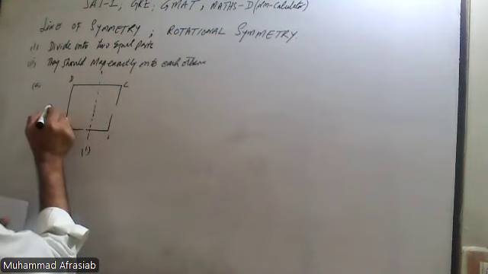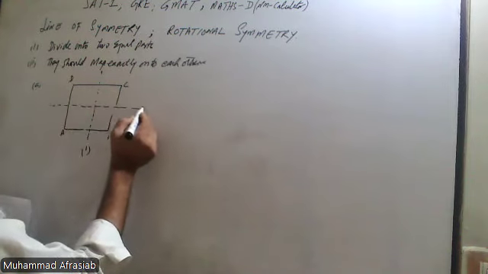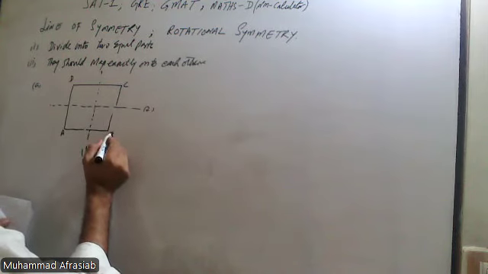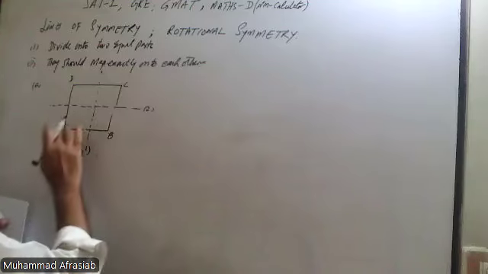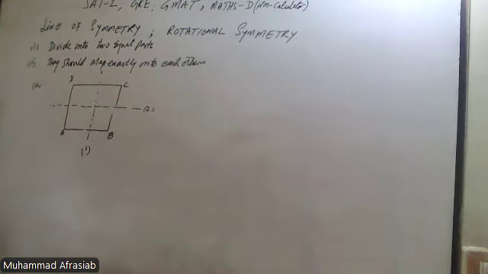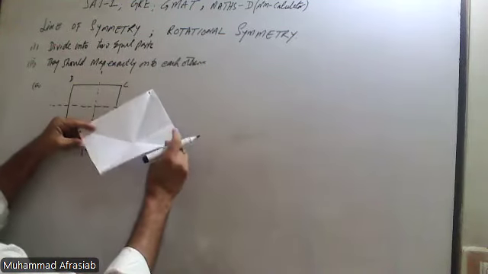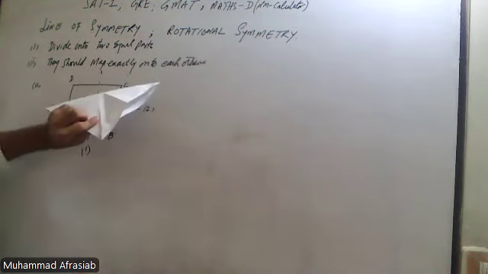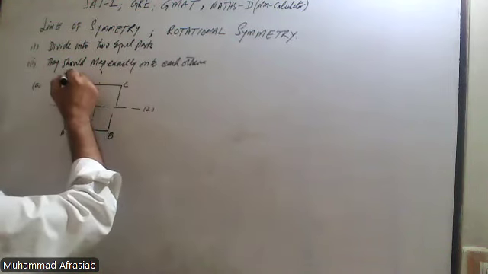If you divide it this way, then again it is another line of symmetry where B is going to map onto C and A is going to map onto D. If you fold it about this diagonal, then you see that they exactly map onto each other. So there is a third line of symmetry.